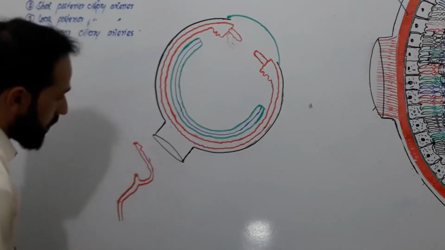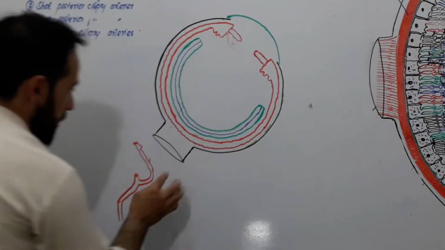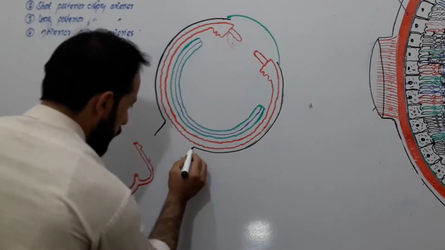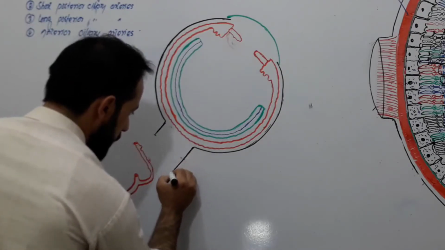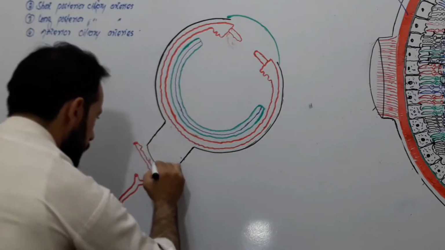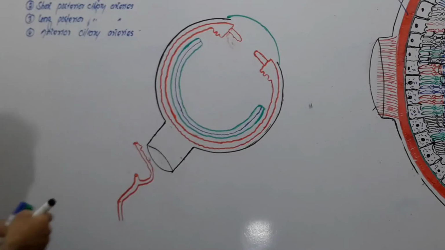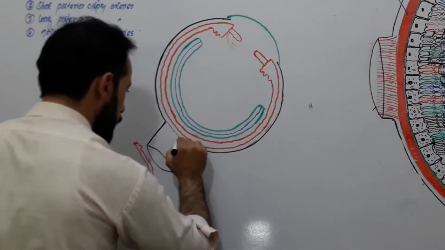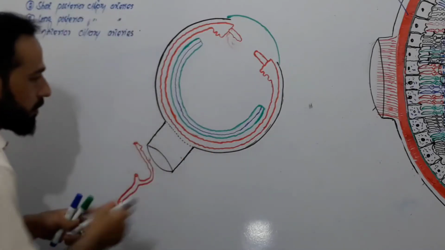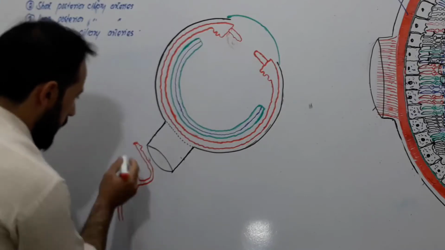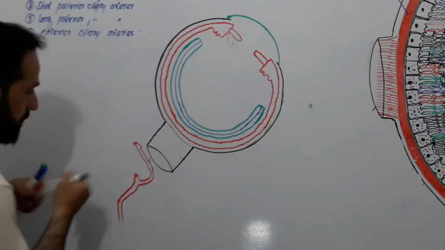Now look carefully. From your ophthalmic artery, one branch separates, and this branch goes like this. Here is your lamina cribrosa, which we should mention is the weakest point of the sclera.